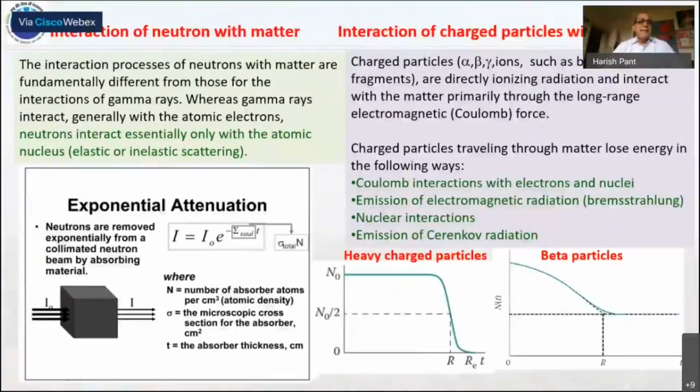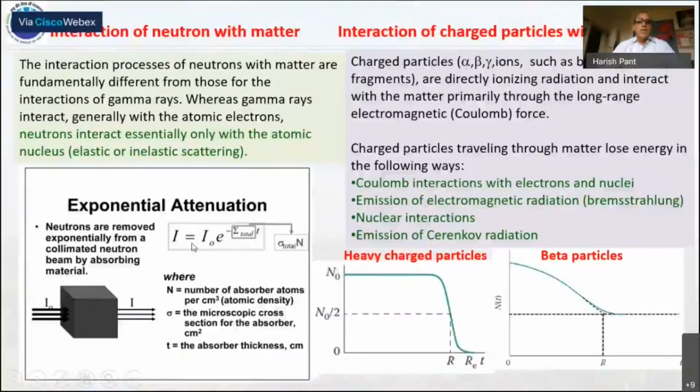It may be either elastic scattering or inelastic scattering, and this attenuation of neutrons by material also follows the exponentially decaying law, the exponential law of attenuation.